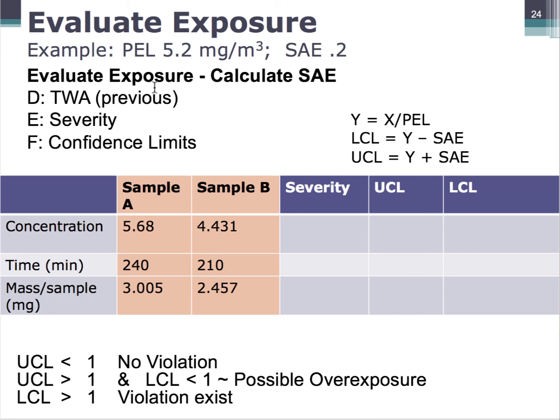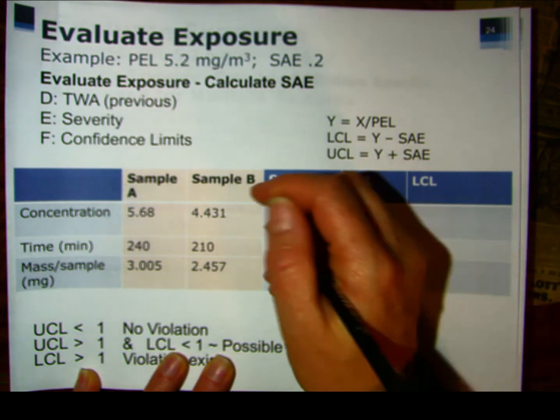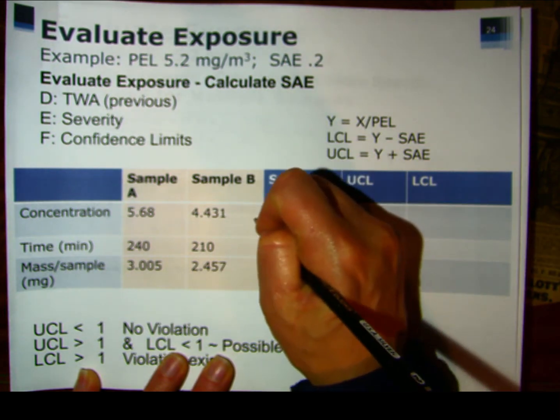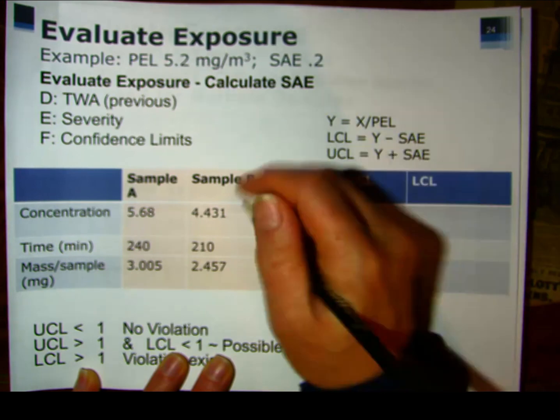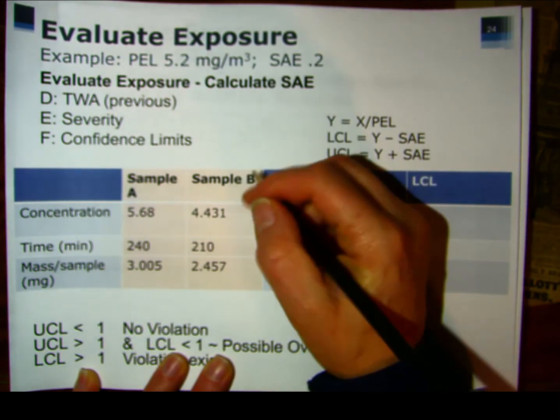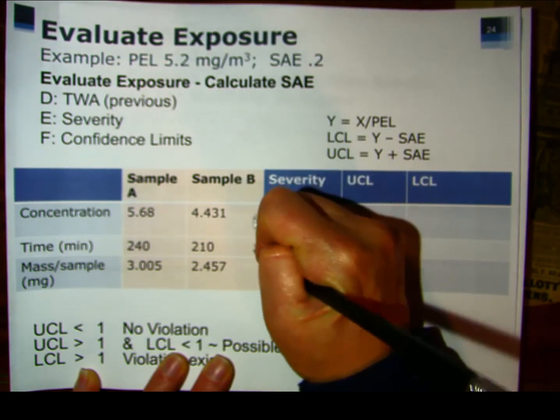The PEL of my agent is 5.2. My first concentration was 5.68 and my second concentration was 4.431. Okay, so we're going to start with, again, I'll put sample A on the top, sample B on the bottom.